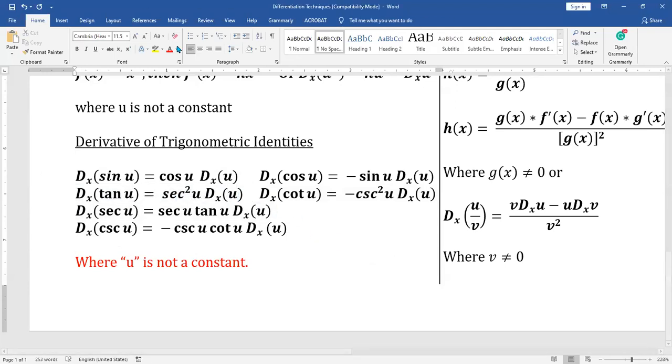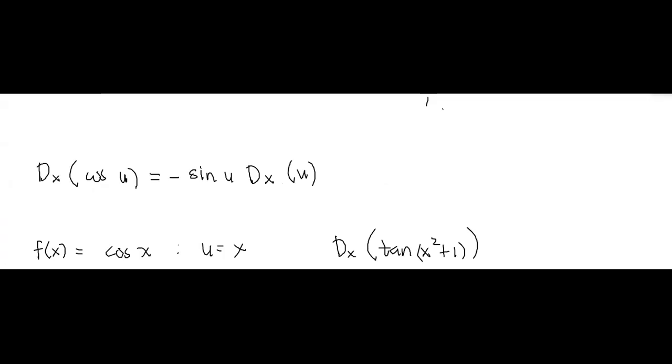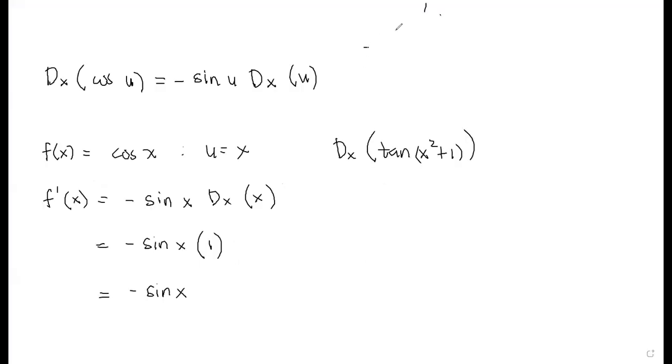Do you see that? Using that formula, the derivative of tan u is equal to secant squared u times the derivative of u. Excuse me, that should be the formula for tangent u.